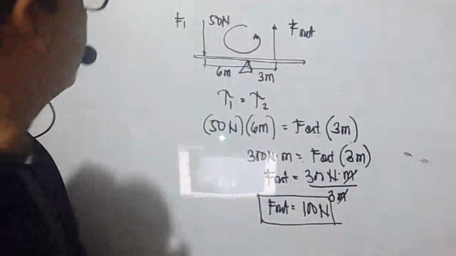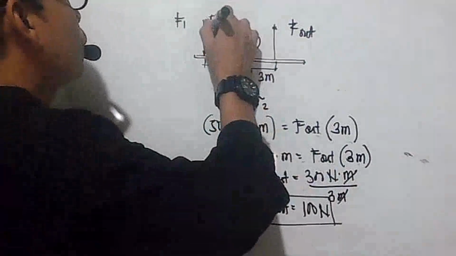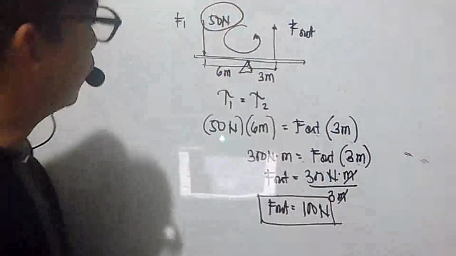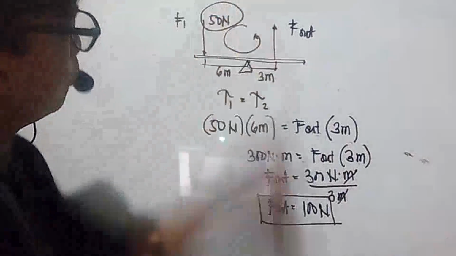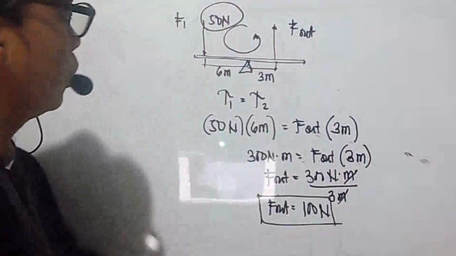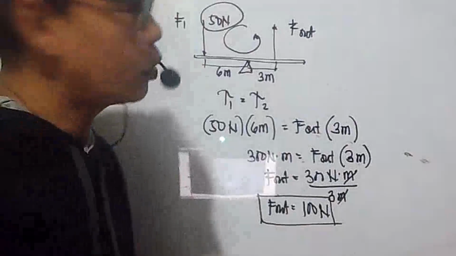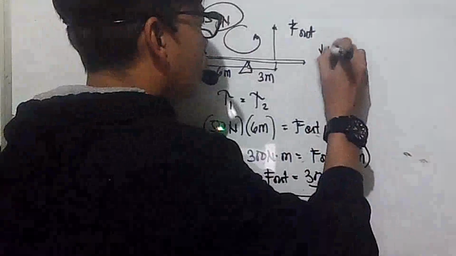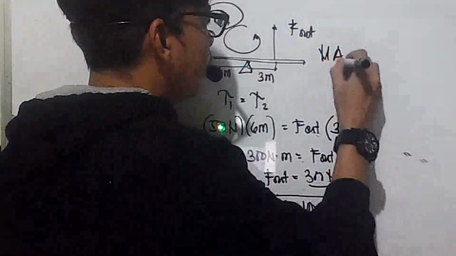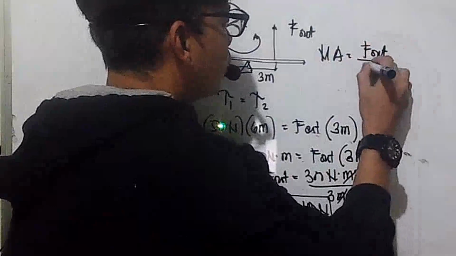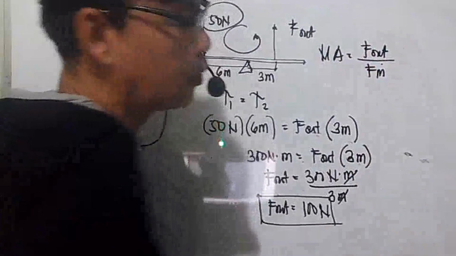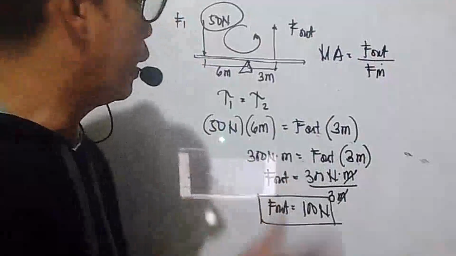As you can see, we apply a force here of only 50 newtons, but it has a distance of 6 meters. Now, its output became 100 newtons. So there's a mechanical advantage. Mechanical advantage is equal to your output force over your input force, or the ratio of the output to the input.